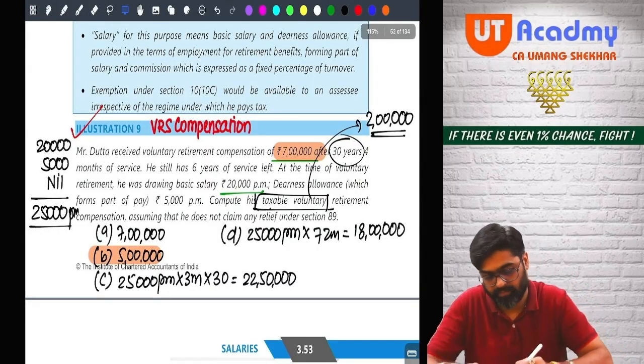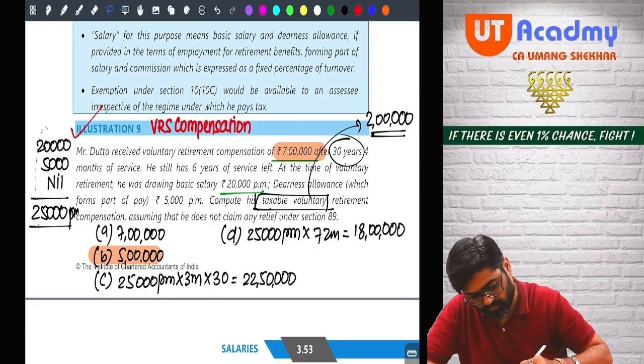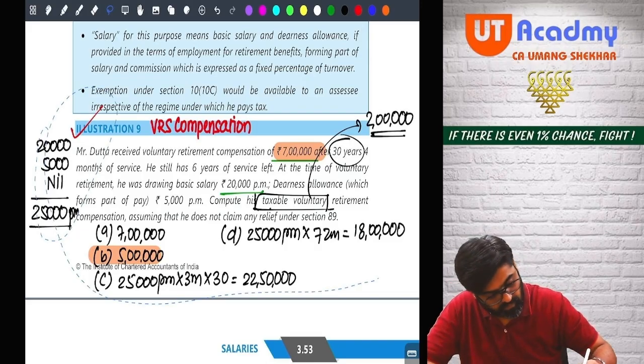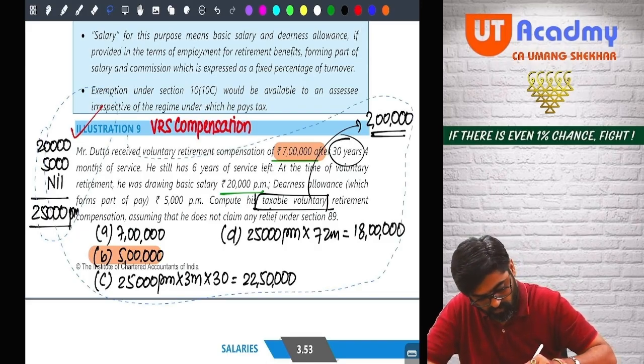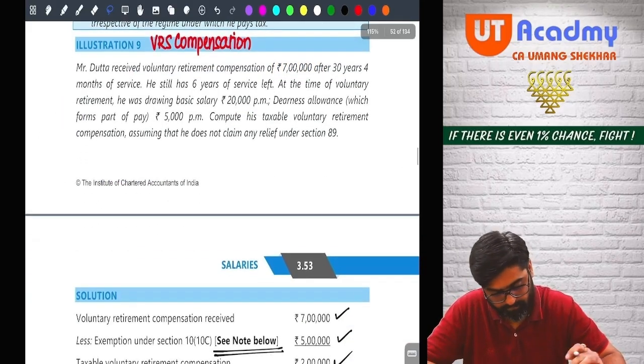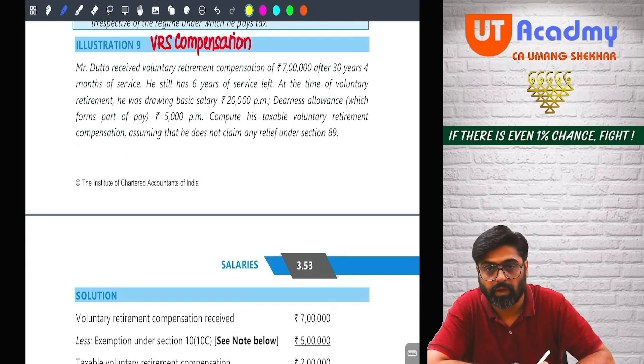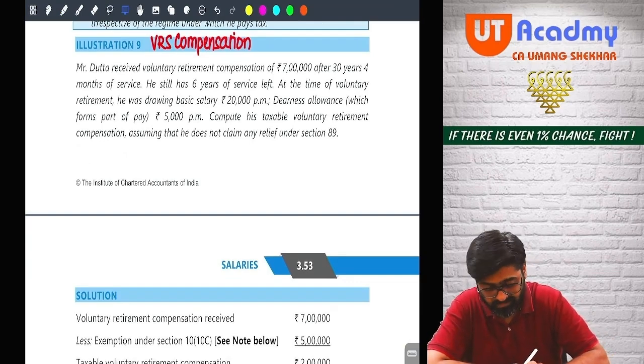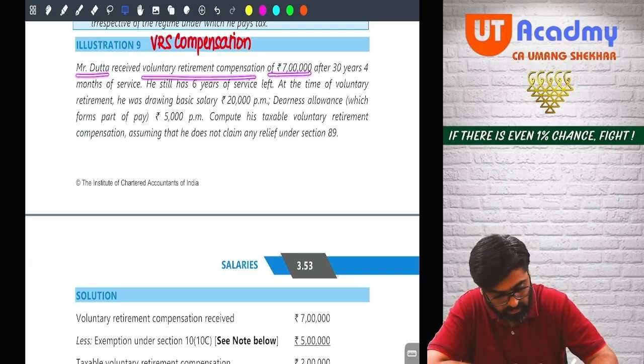Illustration number 9. I will start. Mr. Datta received voluntary retirement compensation of 7 lakhs after 30 years and 4 months of service.